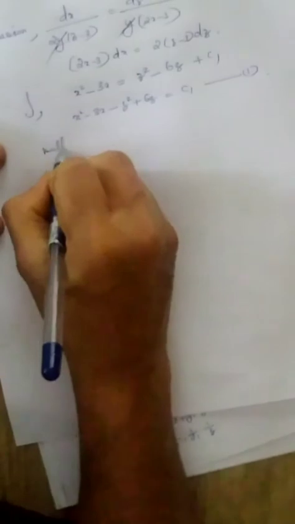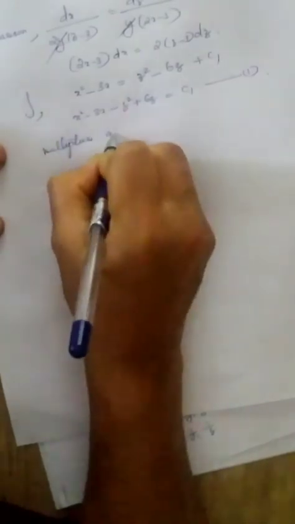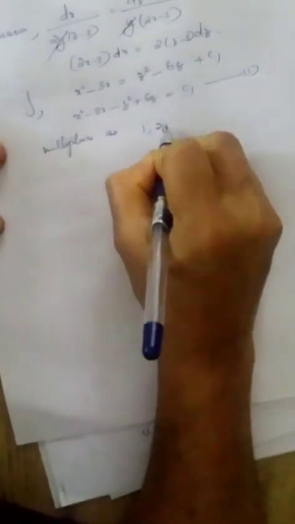Now we cannot compare the remaining ratios, so we are choosing the multipliers as 1, 2y, minus 2.